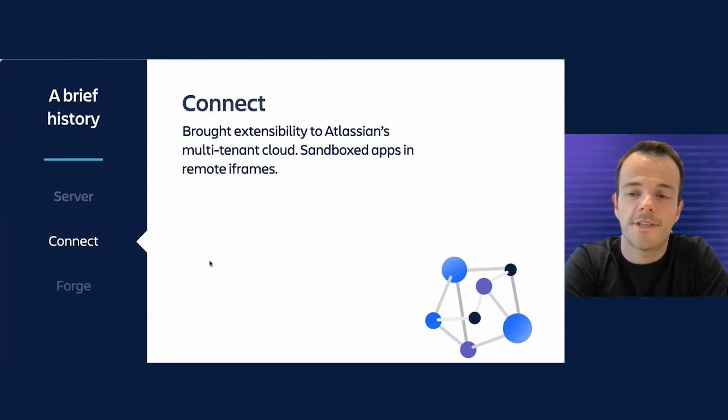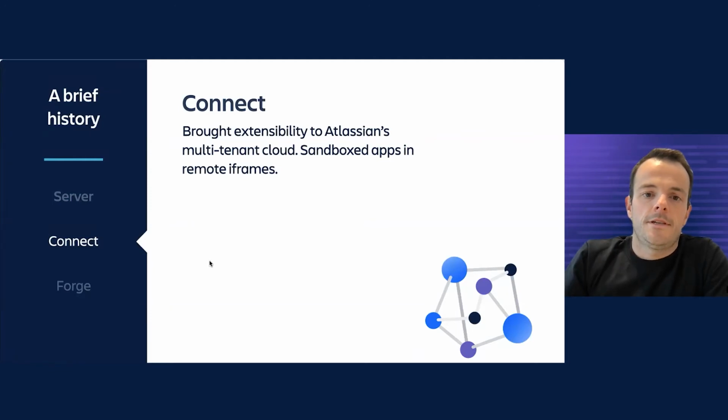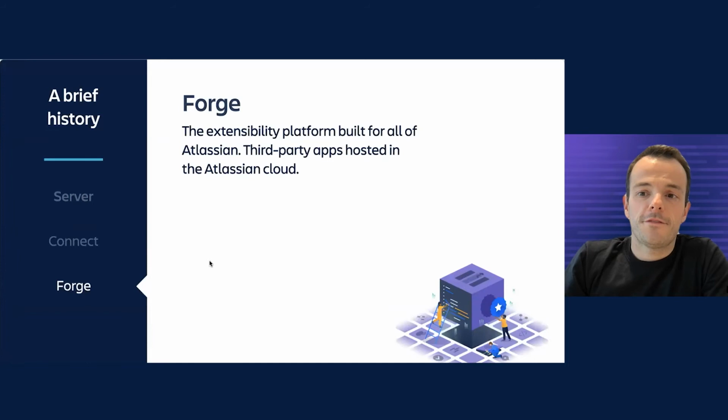And it put this high barrier to getting started building apps for Atlassian. So you had to host the app yourself, you had to figure out security and everything else. So that was a real pain point as well. And that's what led us to Forge. So Forge is a platform that allows us to bring some of that deep extensibility back to the cloud from server.